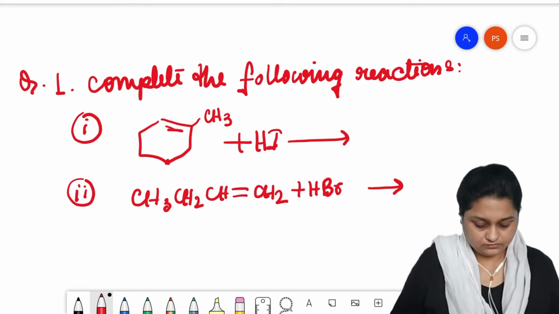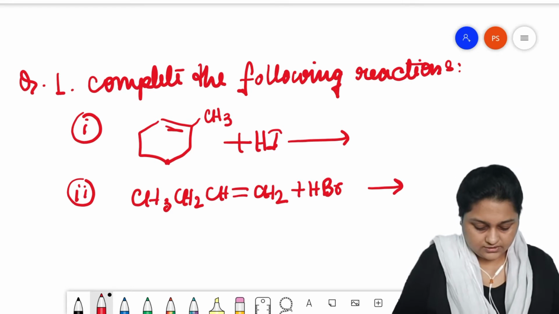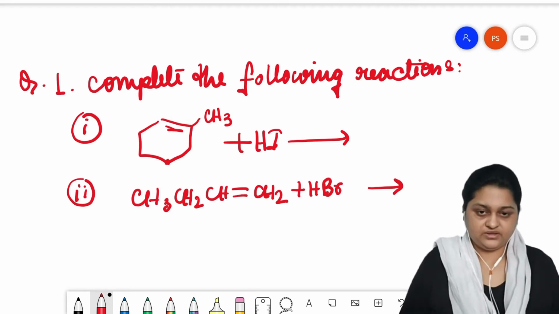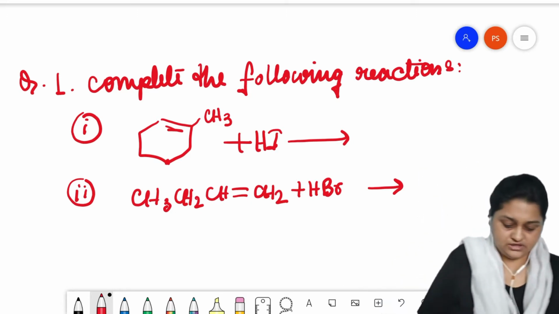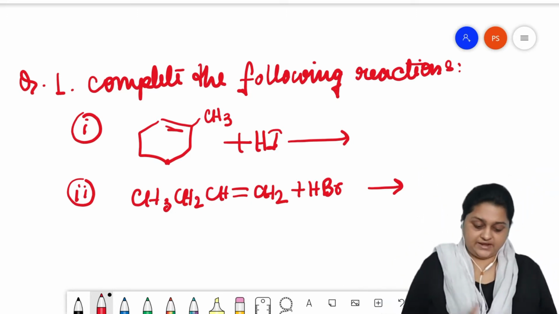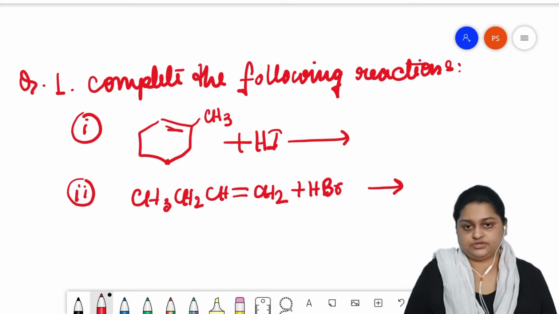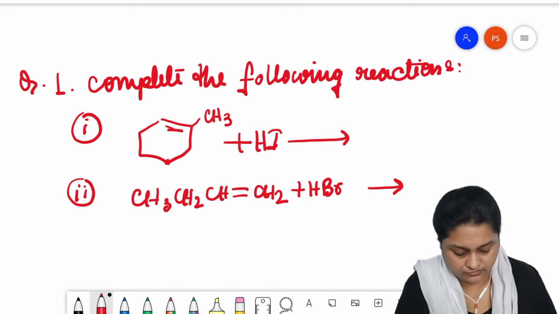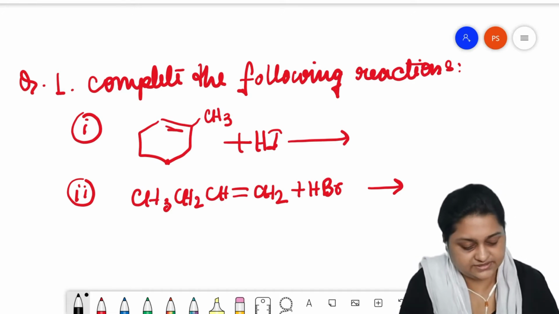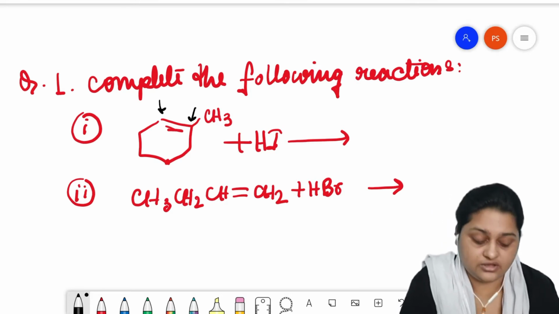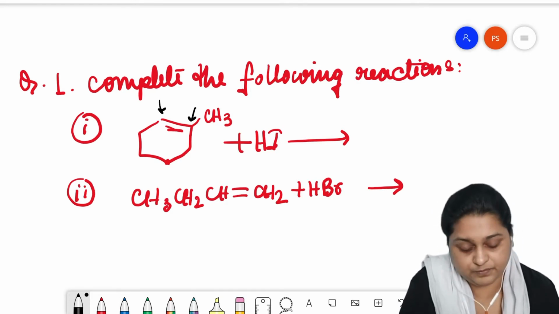Now, both these reactions are addition reactions of hydrogen halide into the double bond. This particular reaction follows Markovnikov rule, so both of them will follow Markovnikov rule. As a result, HI will be added to the double bonded carbon.